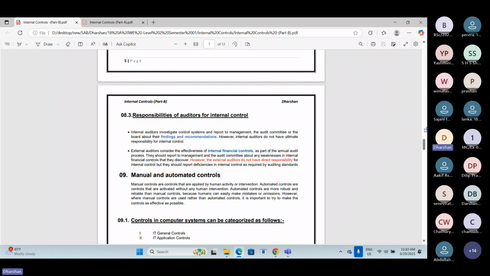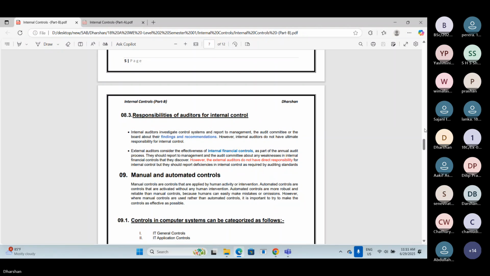It's a part of the audit process. If they notice any weaknesses or findings in relation to the financial controls while doing the audit, they will provide those findings and recommendations to the audit committee or board of directors or management. Okay, clear. I hope you have understood.